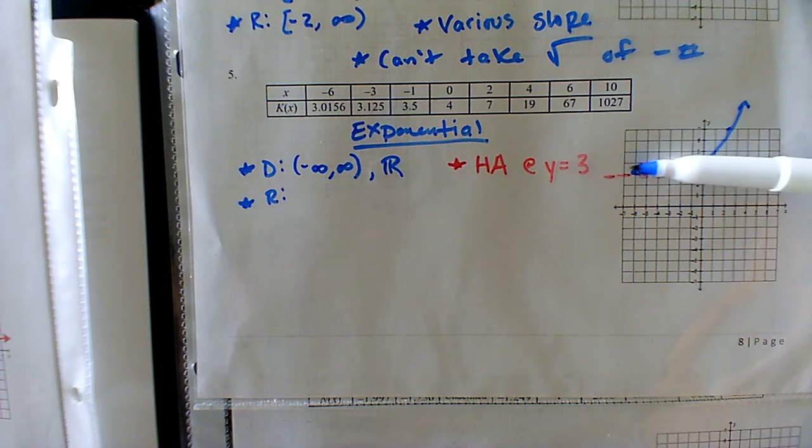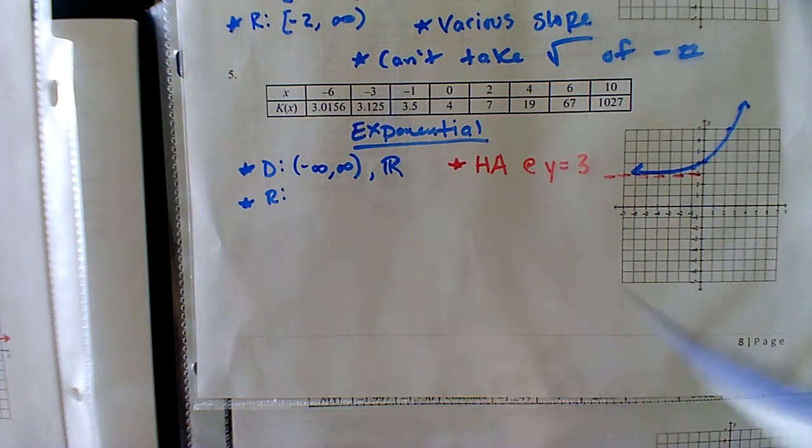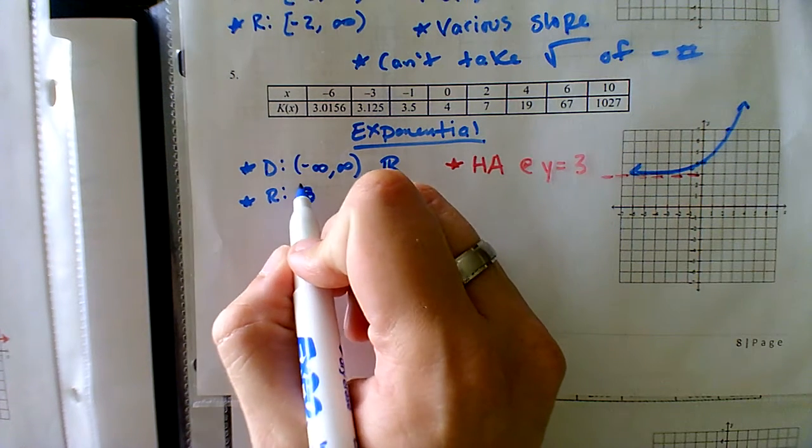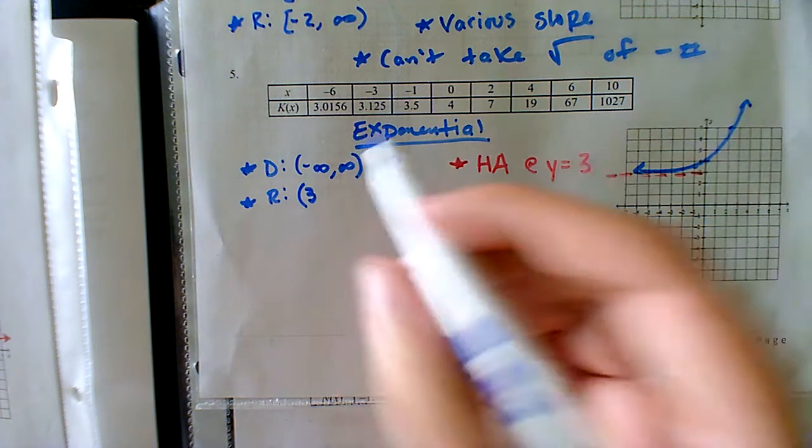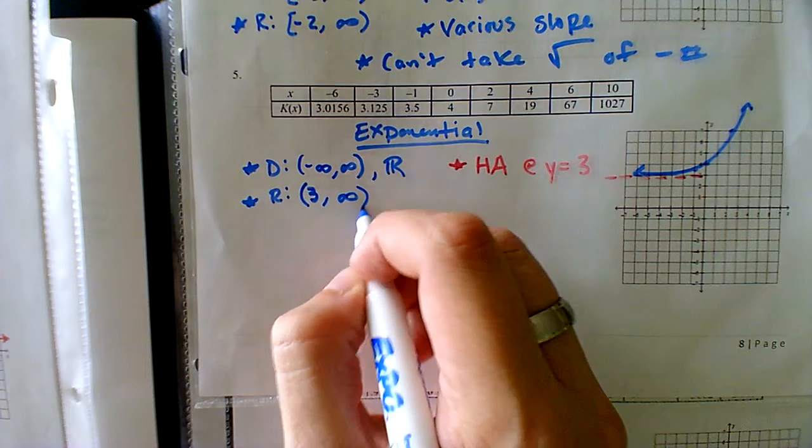But am I ever actually going to touch 3? No, because we have that asymptote there. So we would need a 3 with a parenthesis. And as I keep dragging my pencil up, it's just going to keep going forever because we have that arrow. So we'll go off towards infinity.